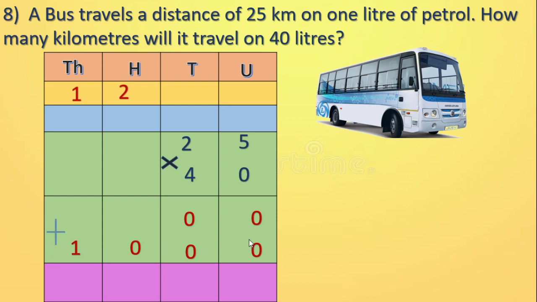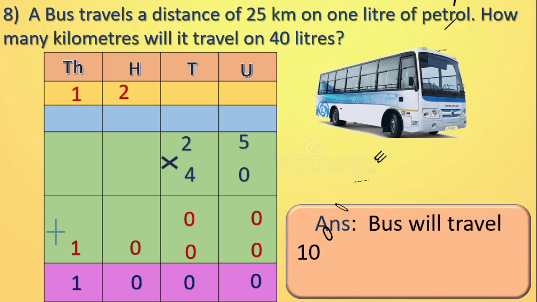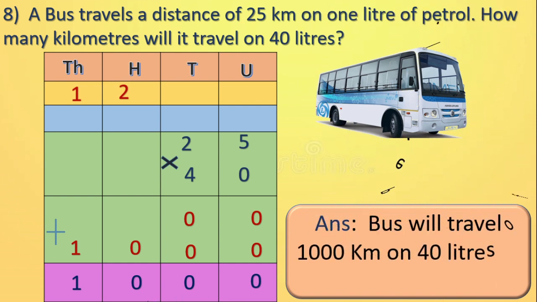Plus 0, 0, 0, 0 plus 0, 0. Here also 0, here 1. Yes, we got the answer, correct? If this bus travels 25 km in 1 liter, then the bus will travel 1000 kilometers on 40 liters of petrol. Got this?